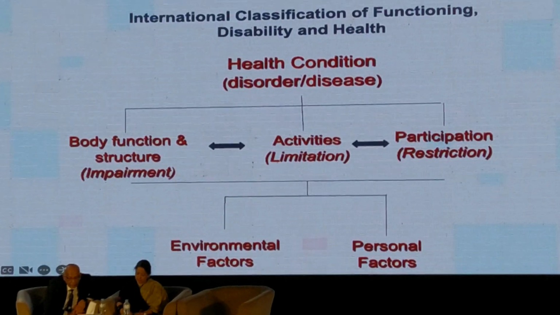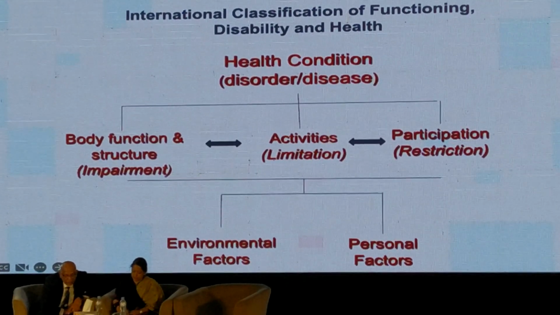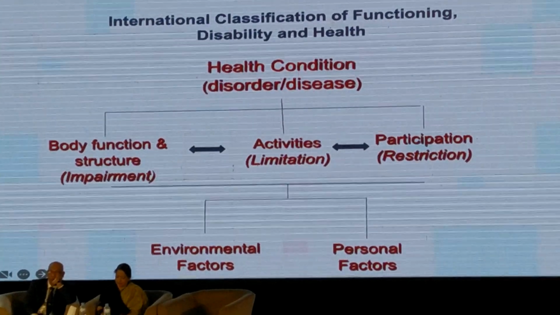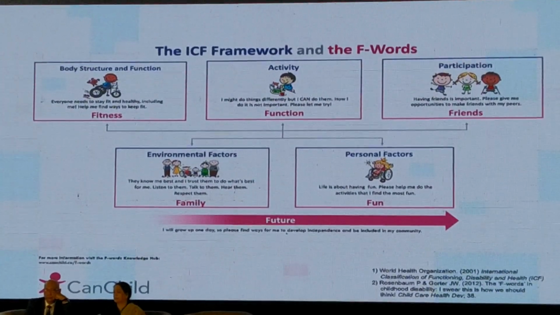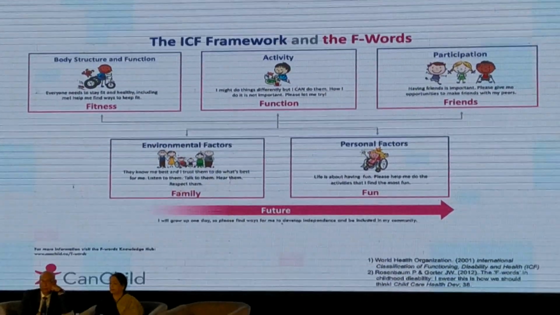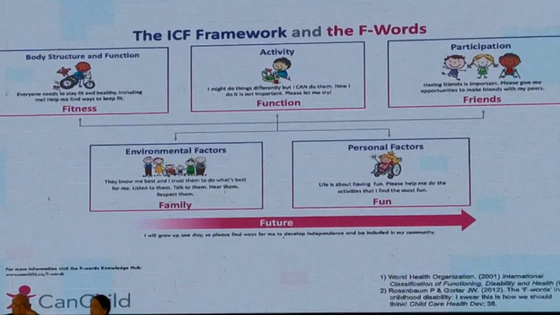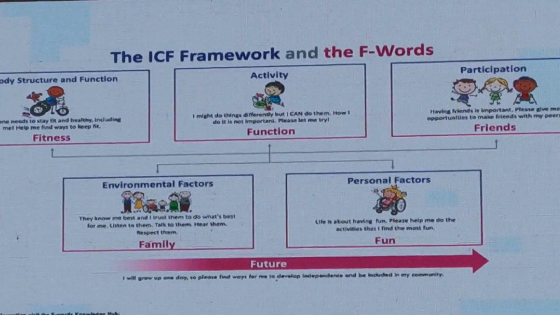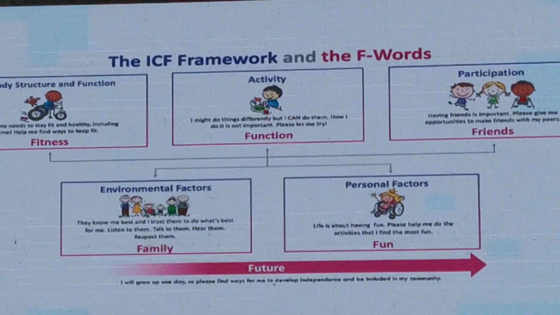Because we have health, then we have body function, we have activities, we have participation, and they all are important because children with dystonia and other neurodisabilities do not do things beautifully, but they still do.